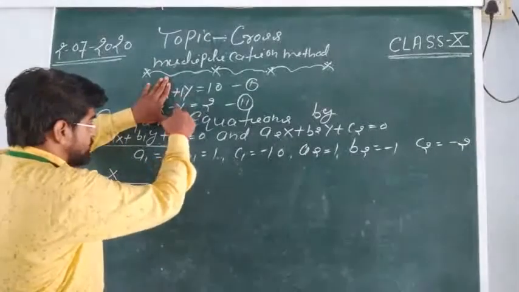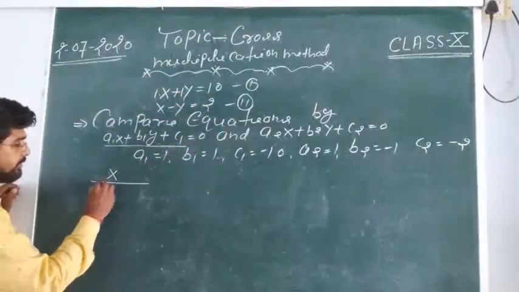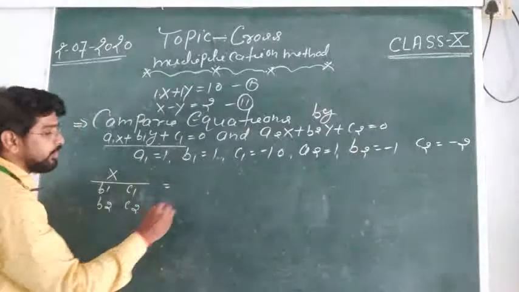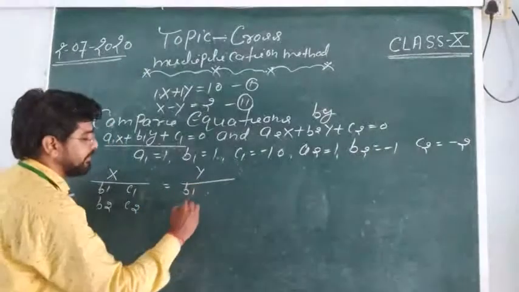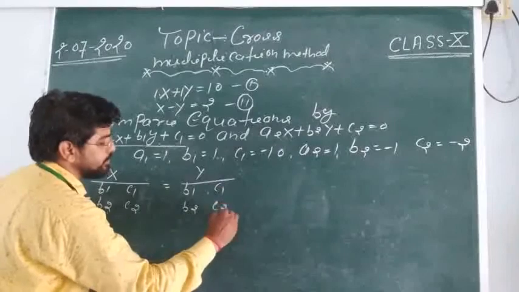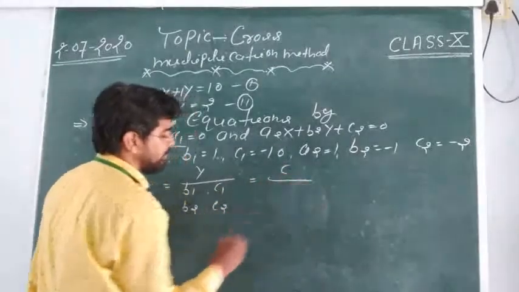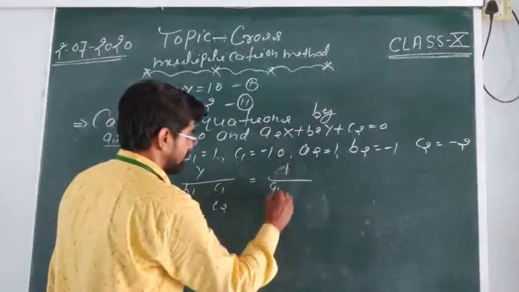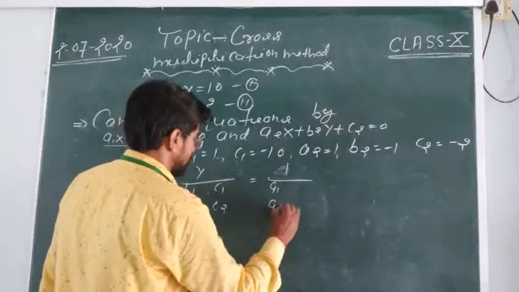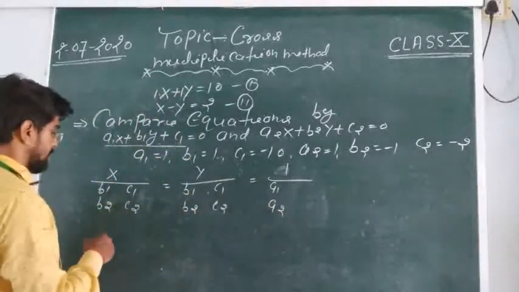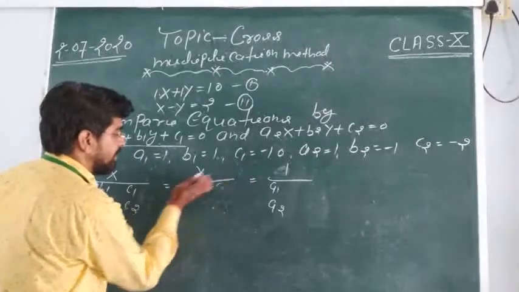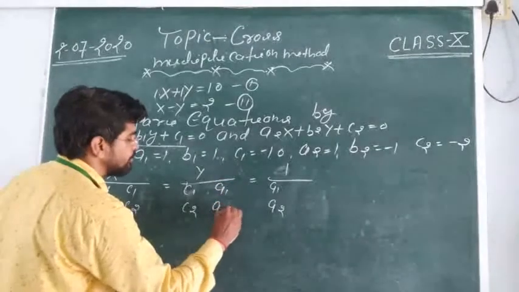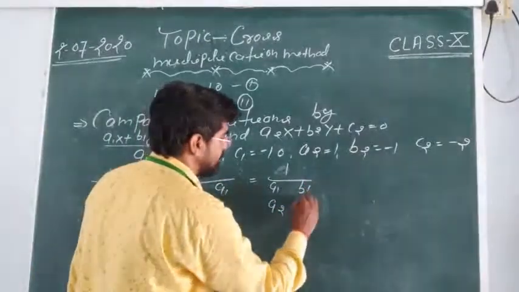Then we will write the coefficients of y and the constant terms like this: b1 b2, c1 c2, is equal to y upon c1 c2, a1 a2, is equal to 1 upon a1 a2, b1 b2.